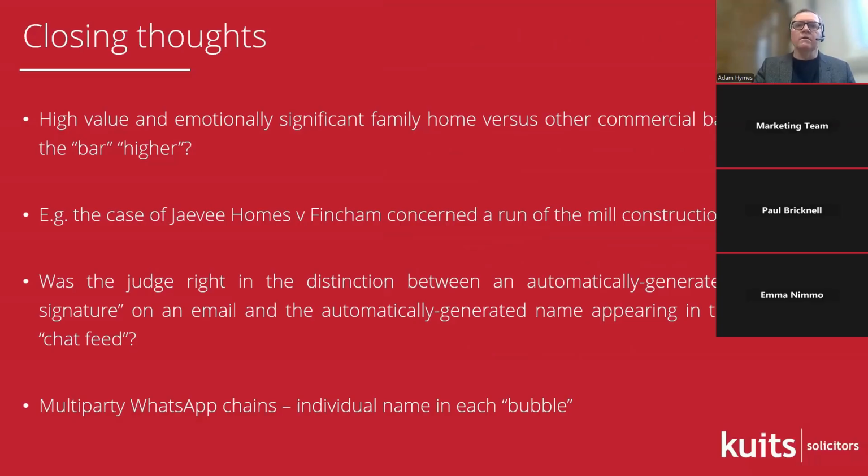So in this instance, the judge held that the exchange of emails didn't amount to a binding contract. He contrasted it with some previous cases, which I won't go into great detail on, but included one example of a construction dispute in JV Homes and Fincham, which is a recent 2025 case where there was demolition work dealt with between parties, and there was a disagreement about the terms of that agreement.